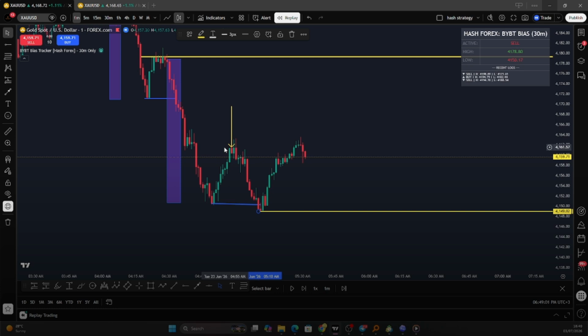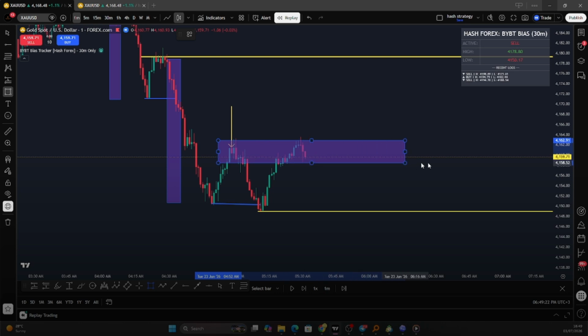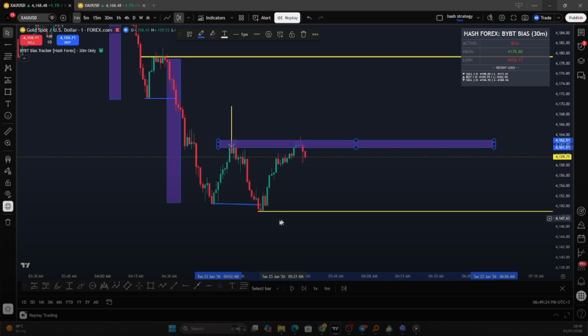Sellers are coming from resistance and buyers are coming from support. So this previous zone of resistance is being retested, and we are expecting to get a continuation of sales from this zone. With that, we are going to be getting our area of confluence around this zone.